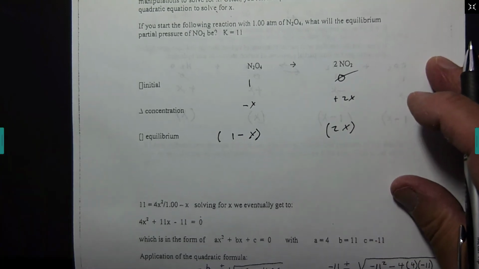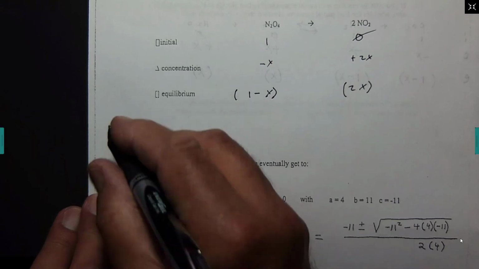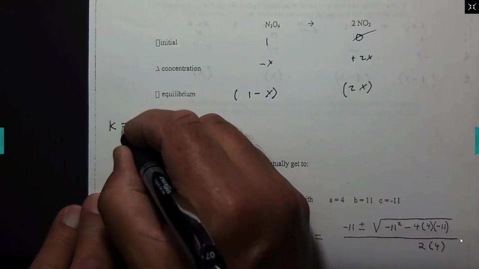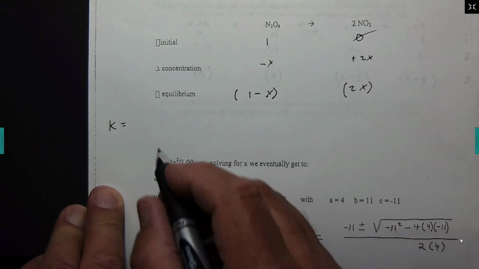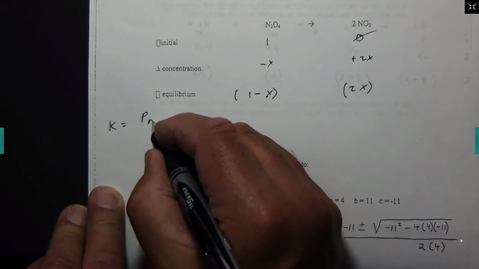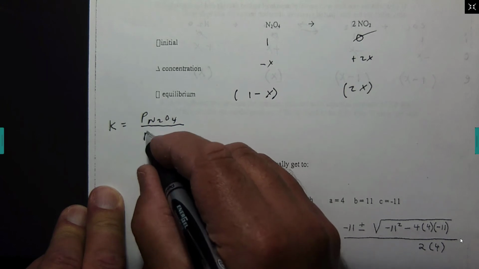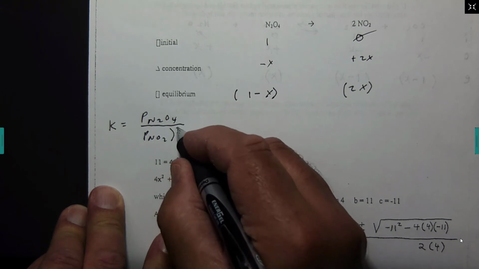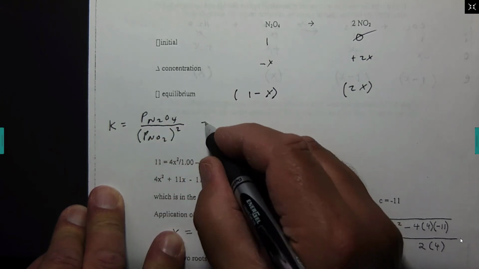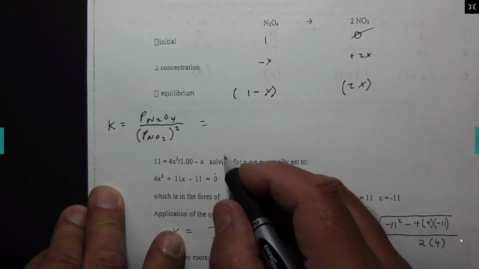And you go to set up your equilibrium expression. K equals, oh, these are atmospheres, so they're partial pressures. So it's going to be the partial pressure of your N2O4 all over the partial pressure of your NO2 to the second power. Got that upside down, don't I?